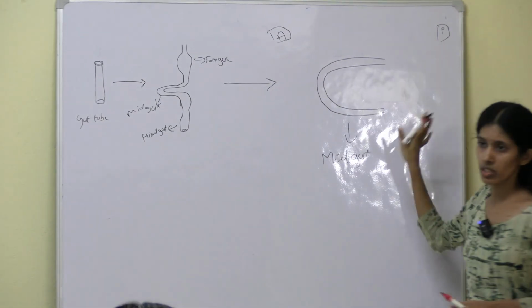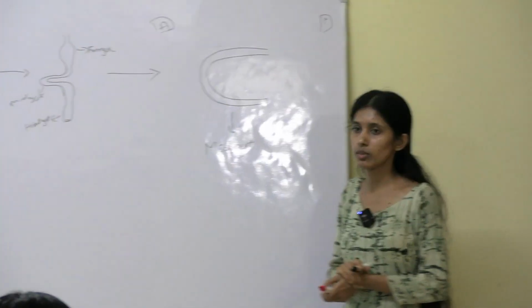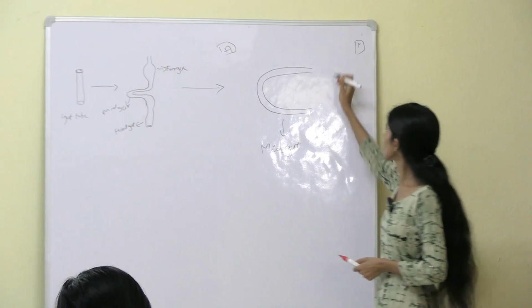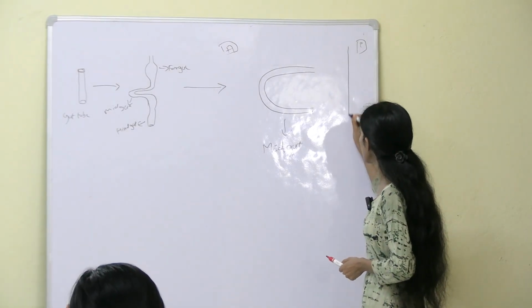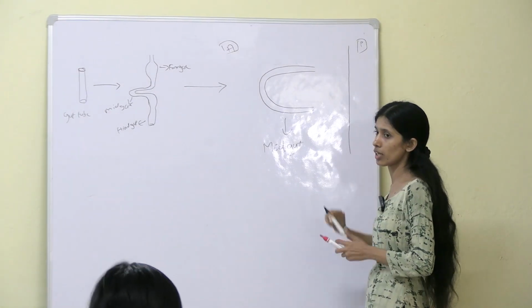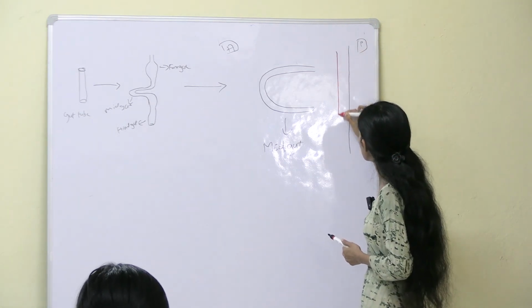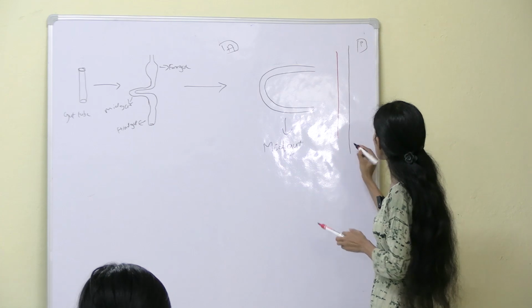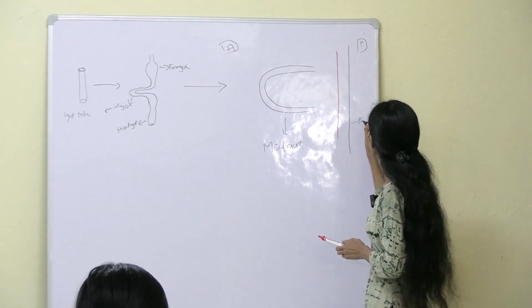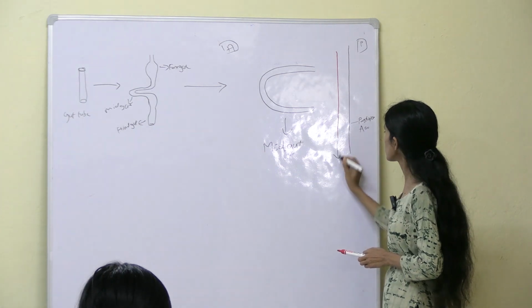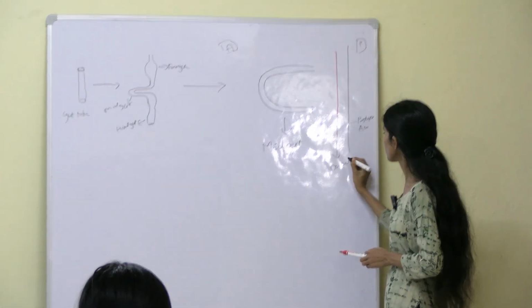What are the structures we can see on the posterior side of the midgut? We have the posterior abdominal wall. In the posterior abdominal wall, we have the dorsal aorta. Okay, this is your posterior abdominal wall, and this is the dorsal aorta.